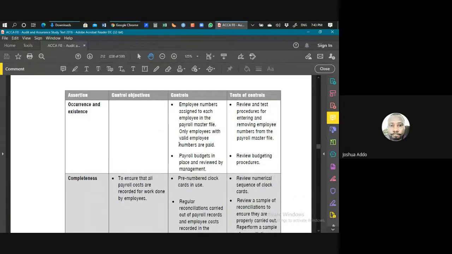Employee numbers assigned to each employee. So employees should have numbers. If you come to the University of Cape Coast, every employee has a number. My staff number is, of course, they normally add some prefix to show your grade.